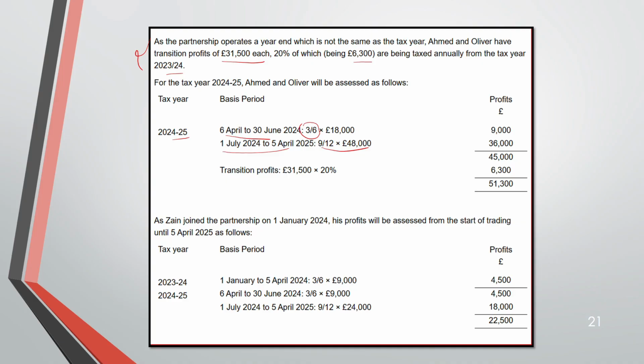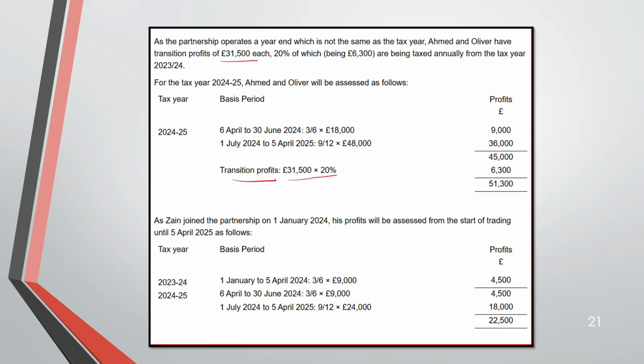So, with the profit of 3 months of the 6 of 18 and 9 months of 48,000, we add the transition profit. So, transition profit they have given already 31,500, 20%. Why 20%?